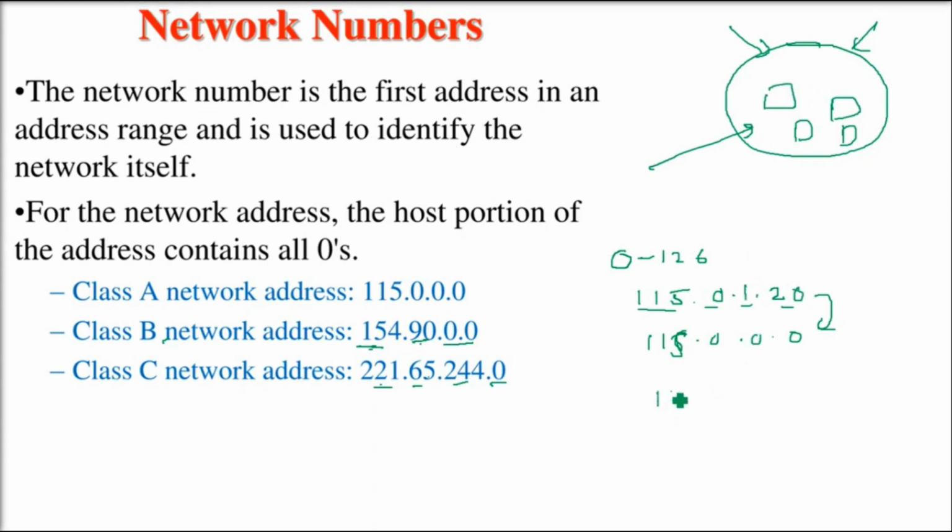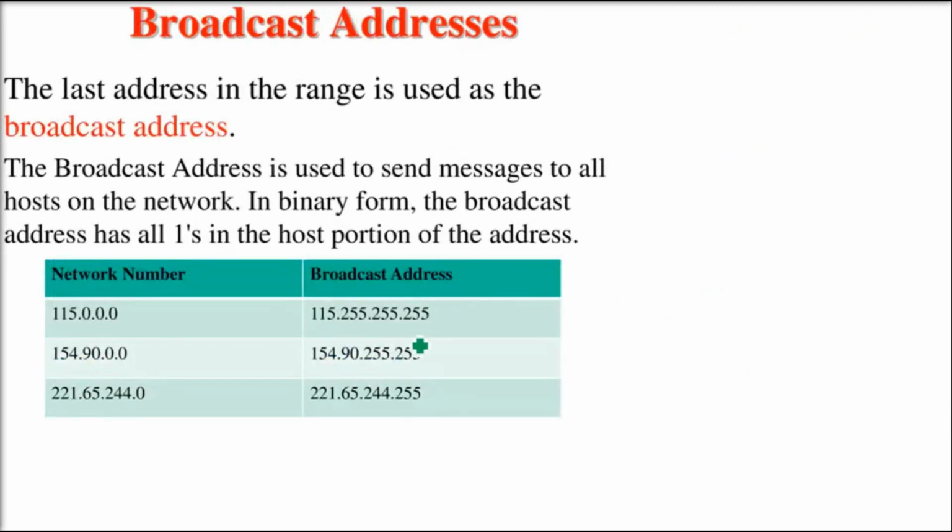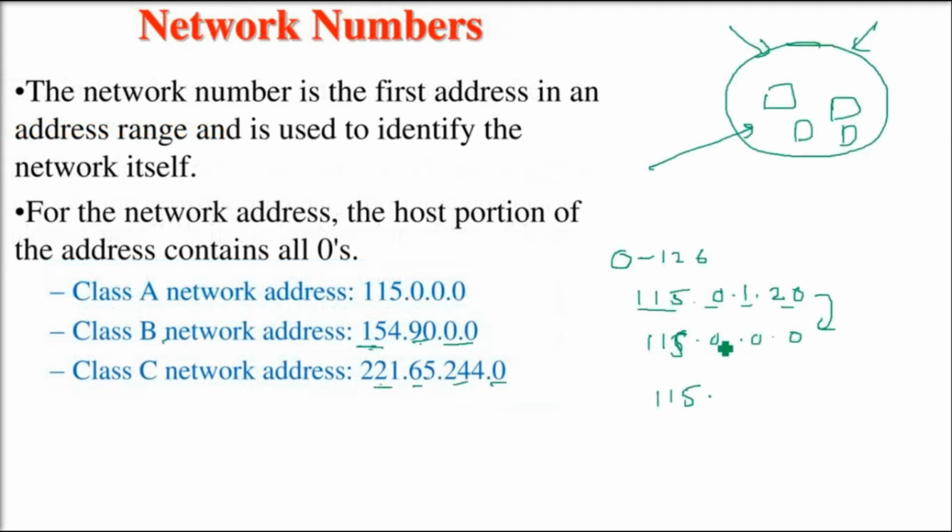So the last IP of the range 115.255.255.255. Highest is 255, so for class A, wherever 0 was, just take it as 255. This 0 is the whole network, and this 255 is for broadcasting.